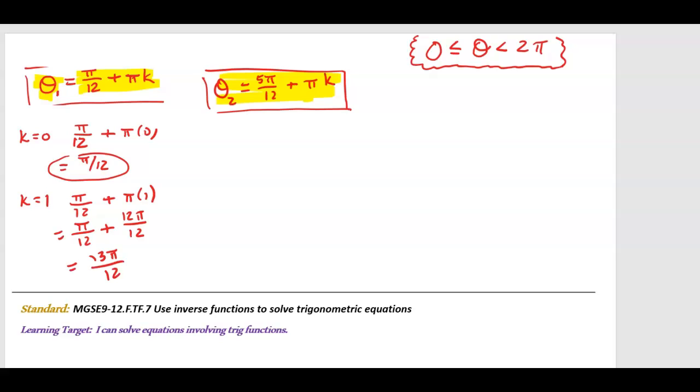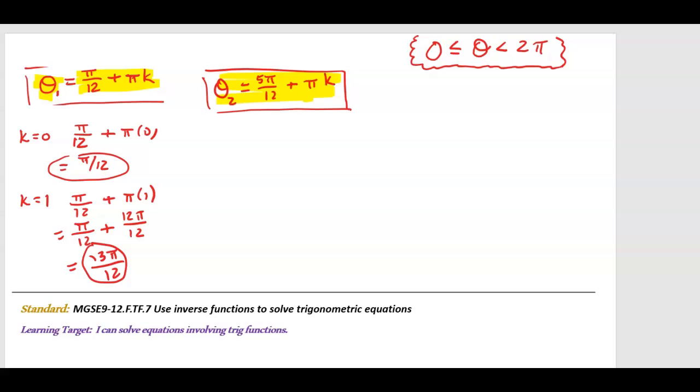And we've seen that a lot, getting common denominators. Okay, so far, I have two solutions for the first general rule that live between 0 and 2 pi. Now, you could plug in 2 for k, but what is 2 times pi? It's 2 pi. And 2 pi plus any positive number is going to be greater than 2 pi. We need theta to be less than 2 pi. So if your general rule involves pi k, it's not really difficult to see that plugging in 2 is going to get you outside of that range.